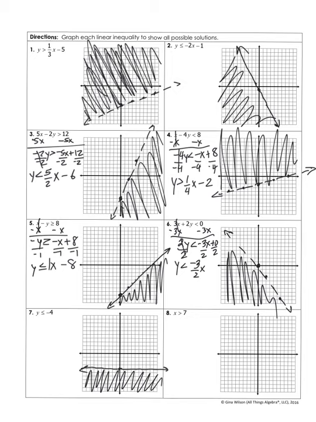Last but not least, x is greater than 7. Well, this is a vertical line at x equals 7. And since it's greater than, this is going to be a dotted line. And we're going to shade above.